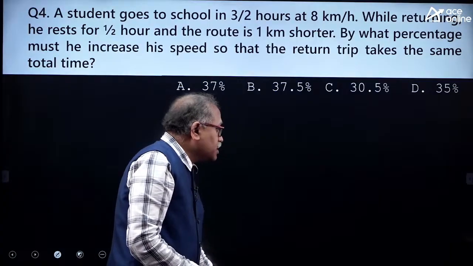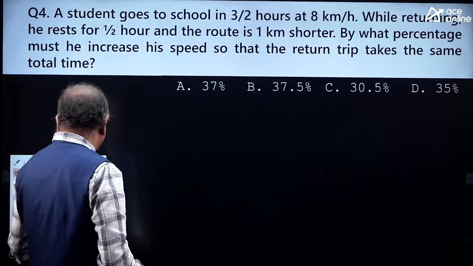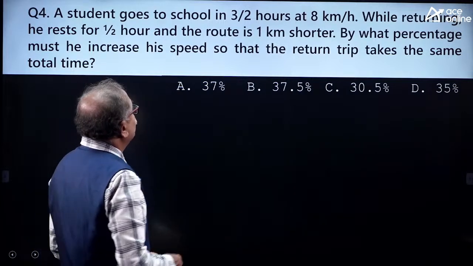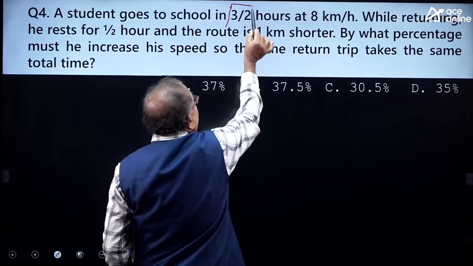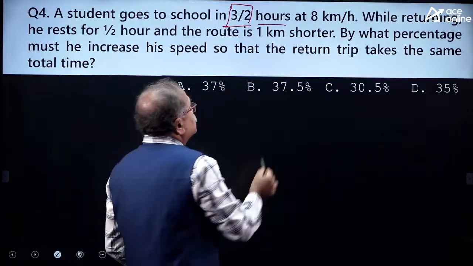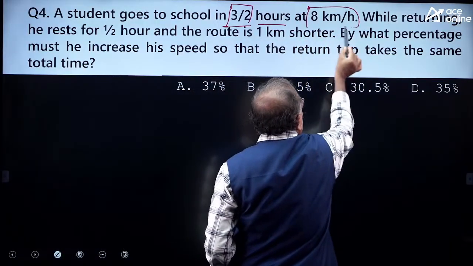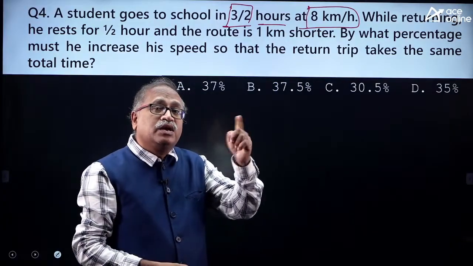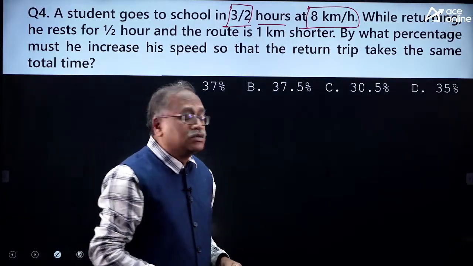Which chapter is this next question from? So a student goes to school in 3/2 hours, time and distance, with a speed of 8 km/h. Notice that when I have the time and the speed, I can find out the distance.